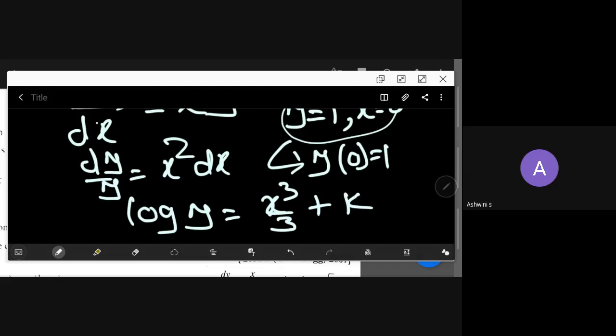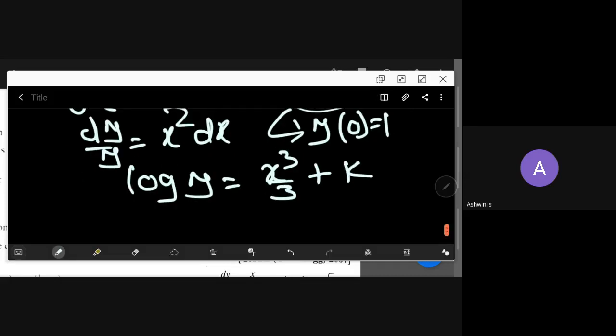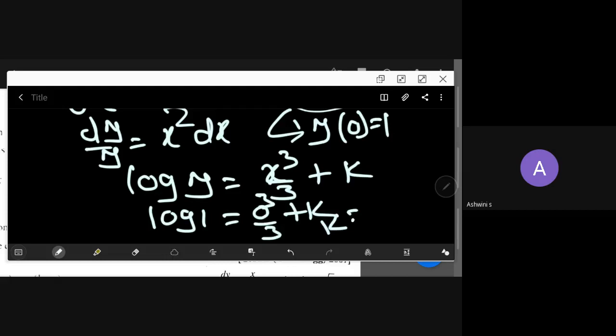Y of 0 is 1, so log 1 is equal to, in place of x, you have to put 0: 0 cube by 3 plus k. But k is therefore 0. Log 1 is 0. So log y is equal to x cube by 3.